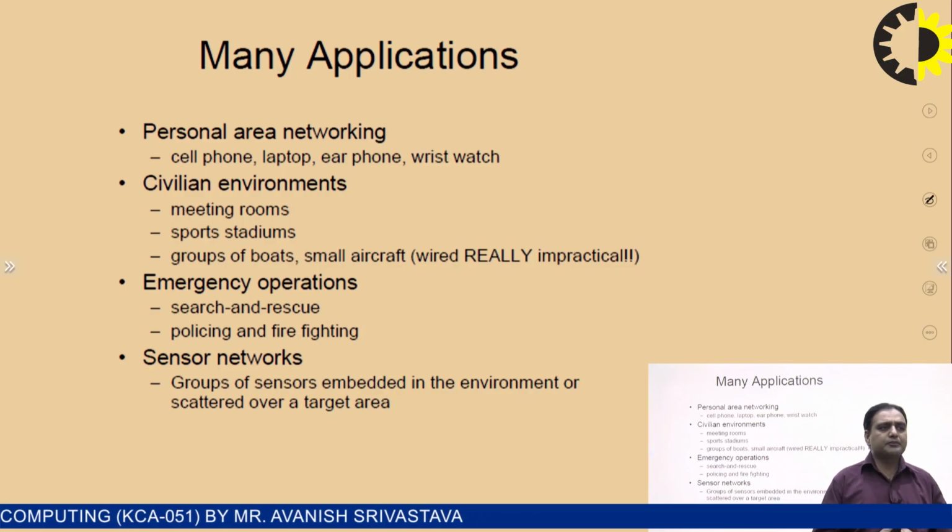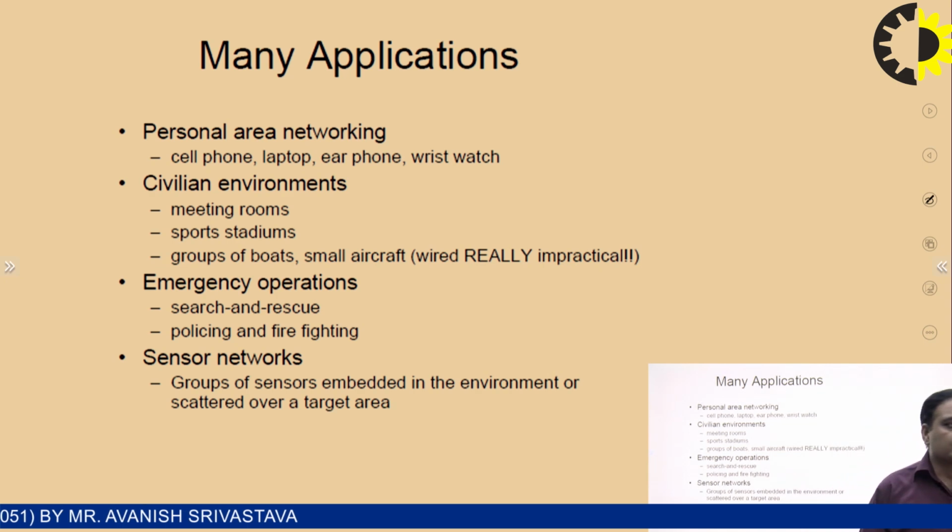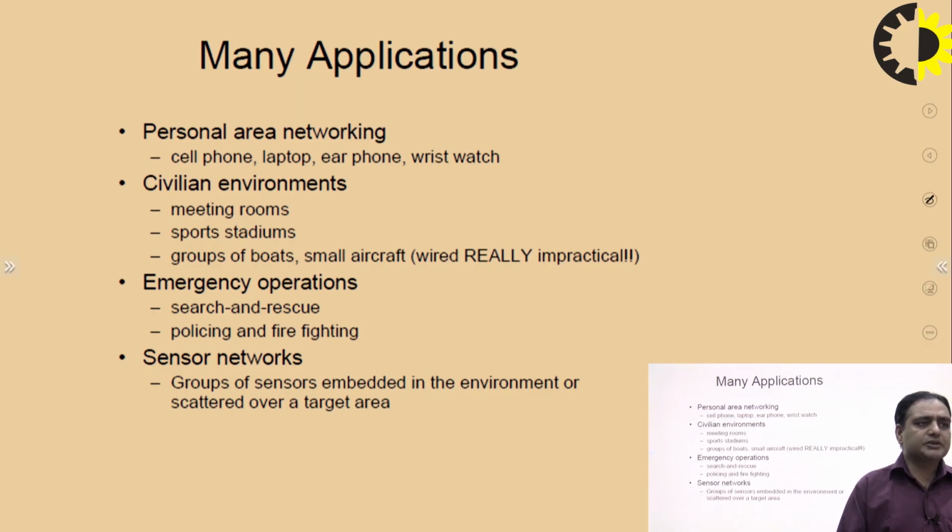The second point is civilian environment: meeting rooms, sports stadiums, groups of boats, small aircraft, where wired relay is impractical. These are the domains where we can use these technologies in civilian settings.